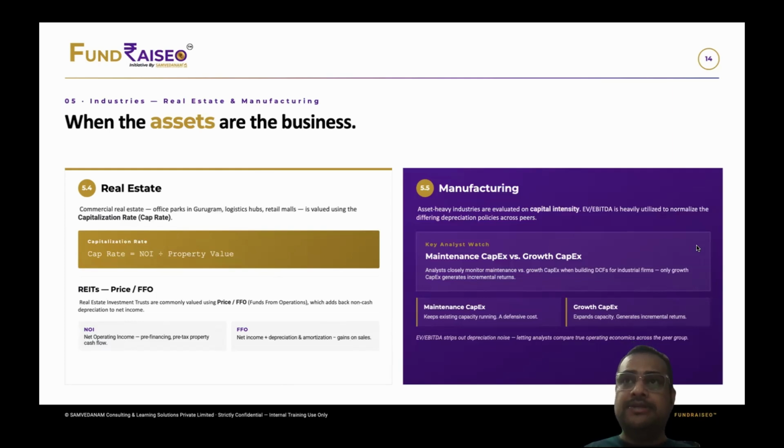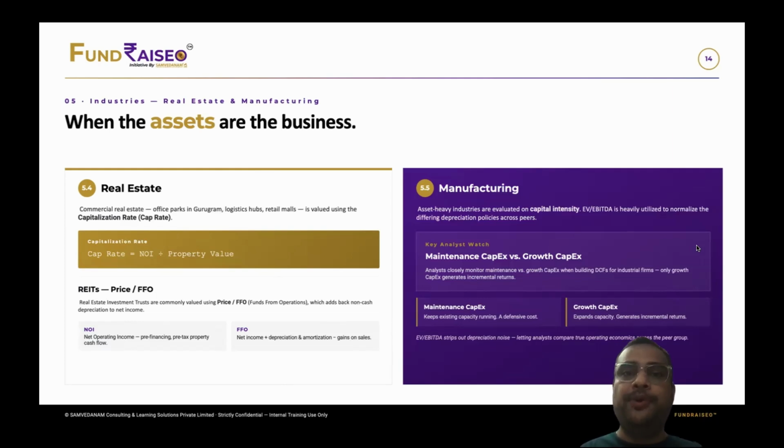Why? Because by the time you come to EBITDA, it normalizes the non-cash expenses, which are the depreciation policies across the peers, right? And obviously, we all understand there are two types of capex happening in manufacturing firms. One is your maintenance capex, and second is your growth capex.